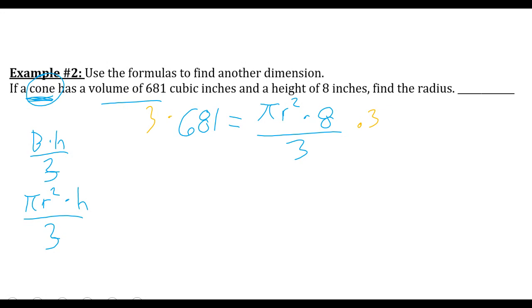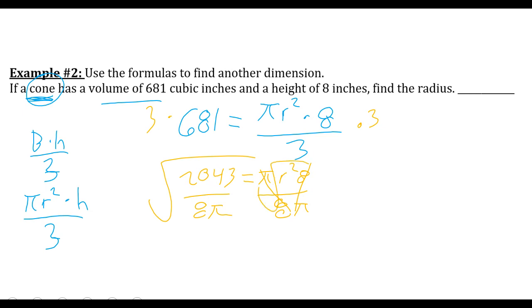You should get like 2043 equals pi r squared times 8. Now you divide both sides by 8 and even pi, right? 8 pi. Because pi is constant. So these cancel, and you're just left with r squared. Once you're done with that, square root both sides.